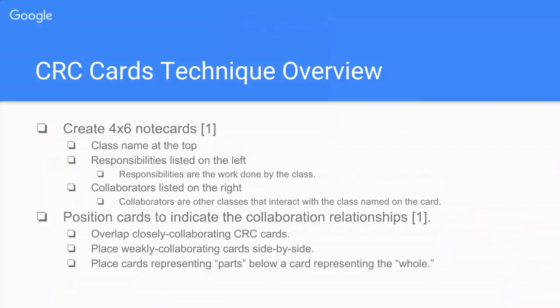The further apart they are, the weaker their collaborative relationship. You can also use position to represent the relationship between a high-level object class and the subclasses that together form the whole of the higher level class.